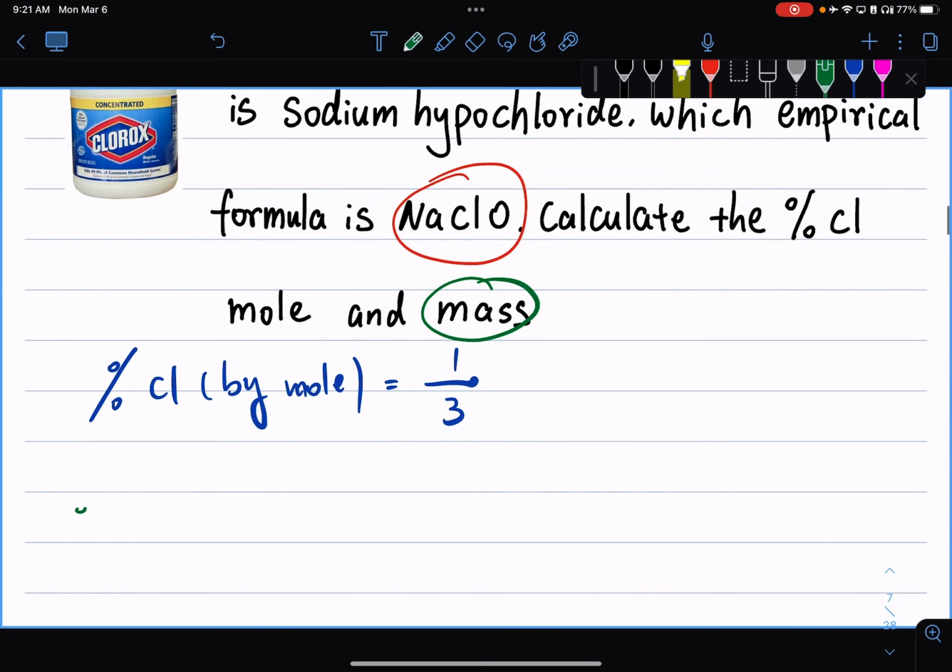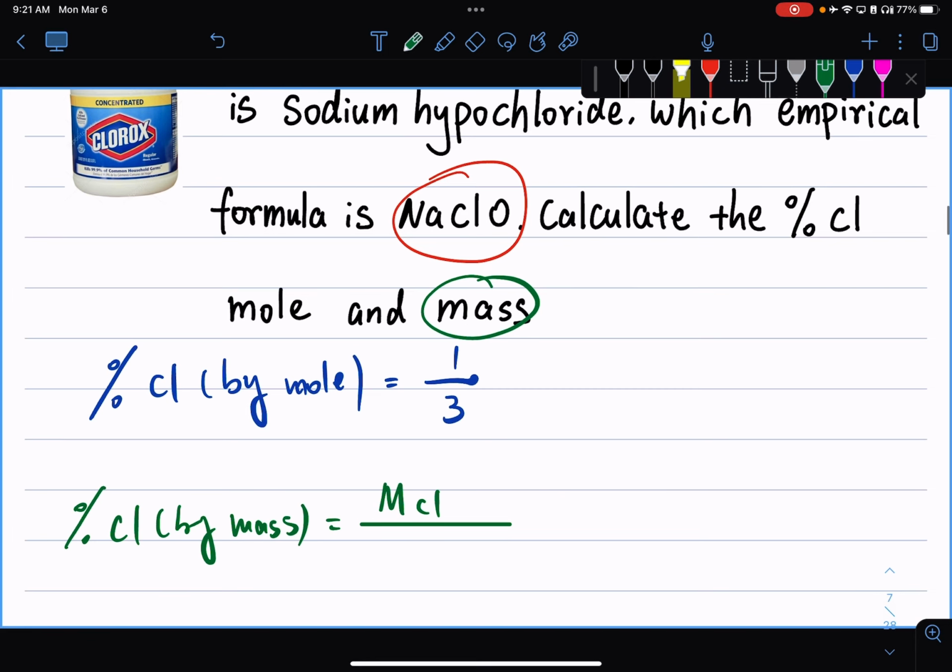If we're calculating that by mass, it's slightly more complicated, but not too much. So again, we know these elements are 1 to 1 to 1. So what we're doing is just counting the mass of chlorine over the mass of this entire molecule, and times 100% at the end. But we need to times 100% on the top as well.